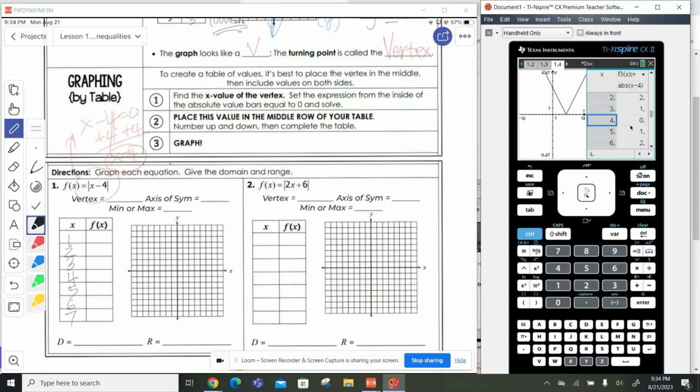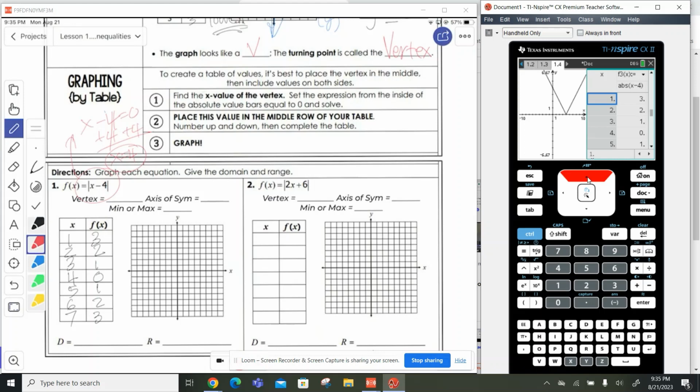So x of 4 gives 0, 5 gives 1, 6 gives 2, 7 gives 3. On the top, 3 gives 1, 2 gives 2, and if you go one more up, 1 gives 3. Notice that I see some type of symmetry in here: 1, 2, 3 above 0, and 1, 2, 3 below 0.